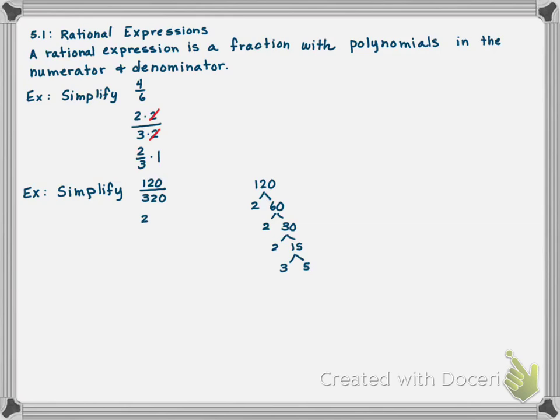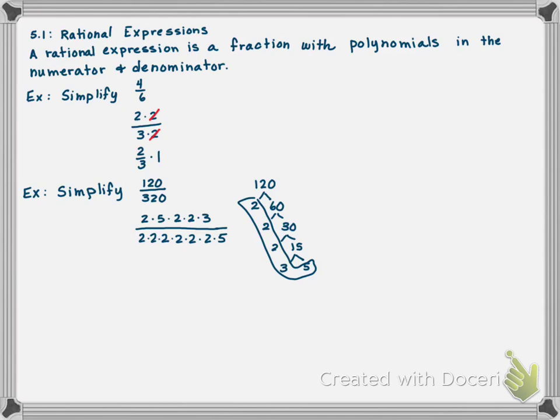So 10 is 2 times 5, and then 12 is 4 times 3. So you can do them in your head and get pretty fast at it. But the factor tree will always work to give you that prime factorization. It's just the ends of all the branches. And so then over 320, 32 is 5 factors of 2, and then times 10.